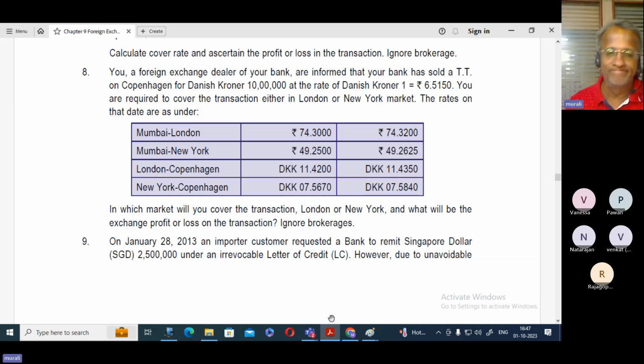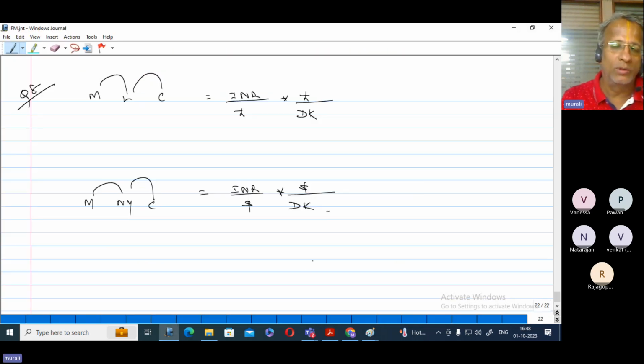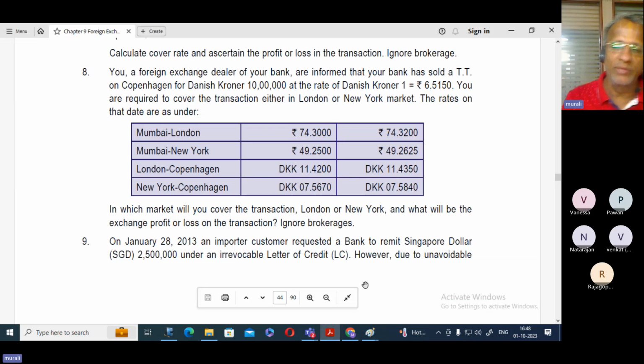Natarajan, are you clear? Yes, sir. So what are the two rates that you have? One is bid rate, the other one is offer rate. That is what we have got to understand. We have already made a commitment, we have sold.